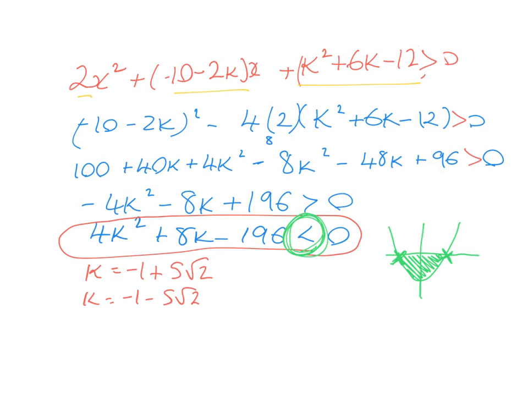So then we're going to have k is greater than this value, negative 1 minus 5 root 2, and k is less than this value, negative 1 plus 5 root 2.